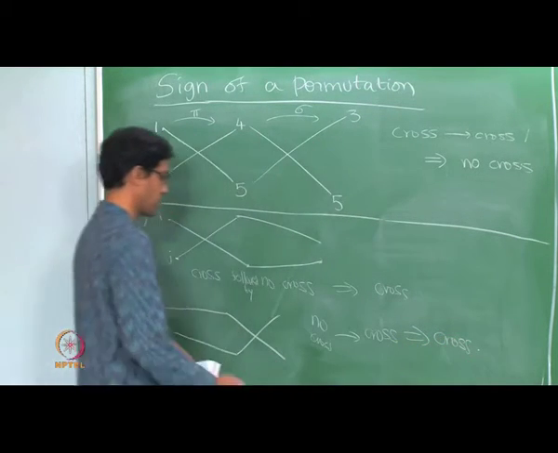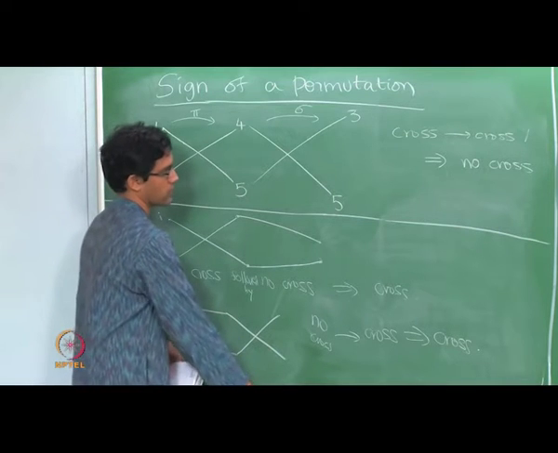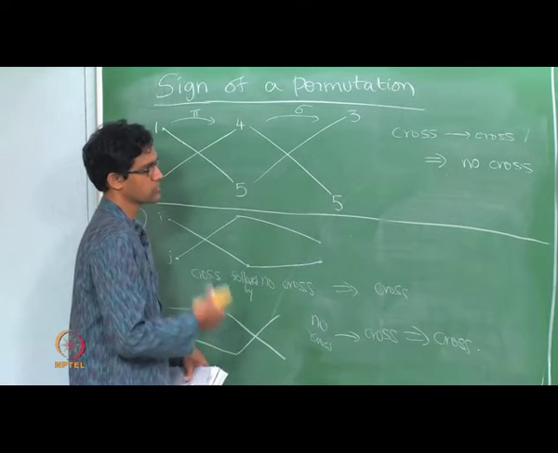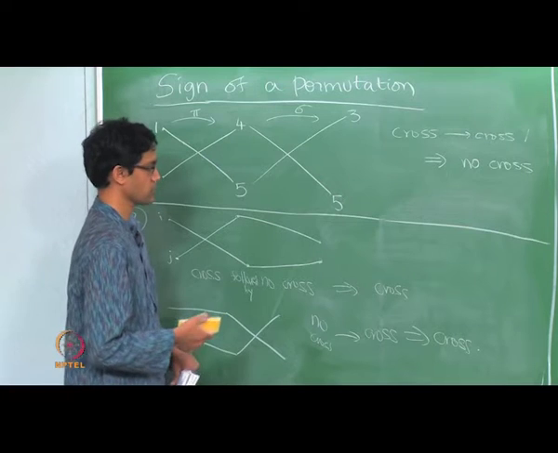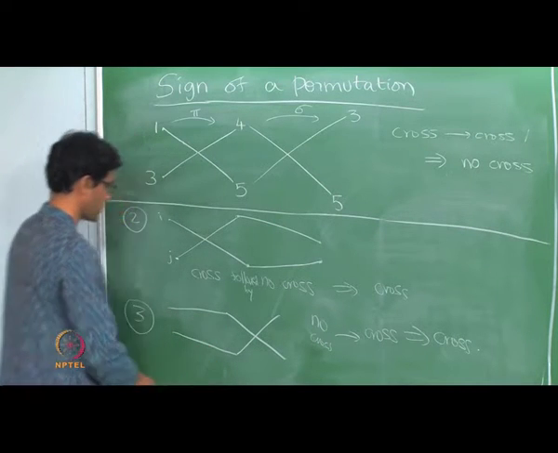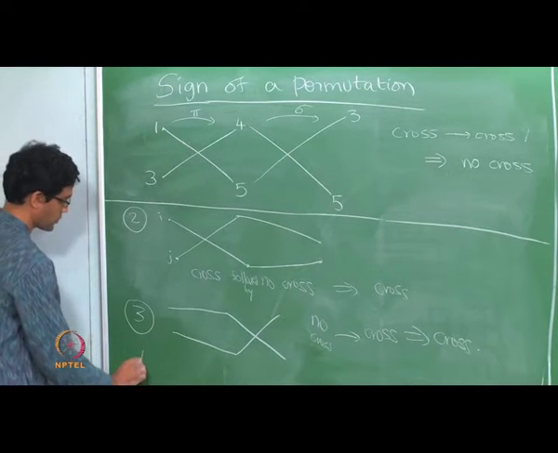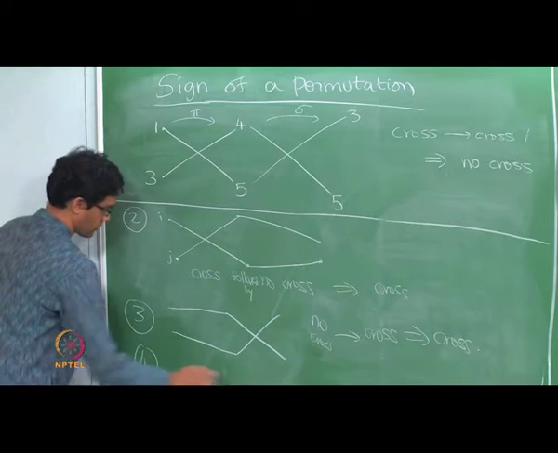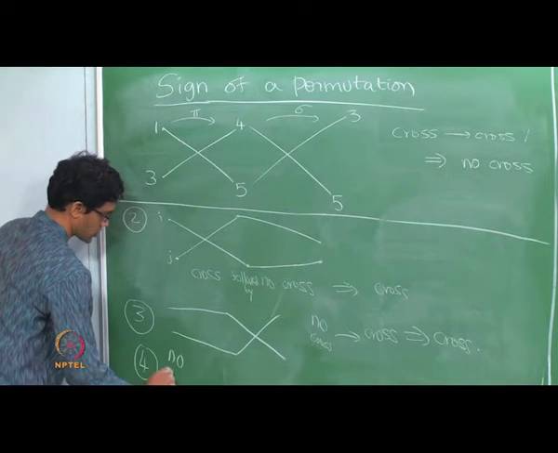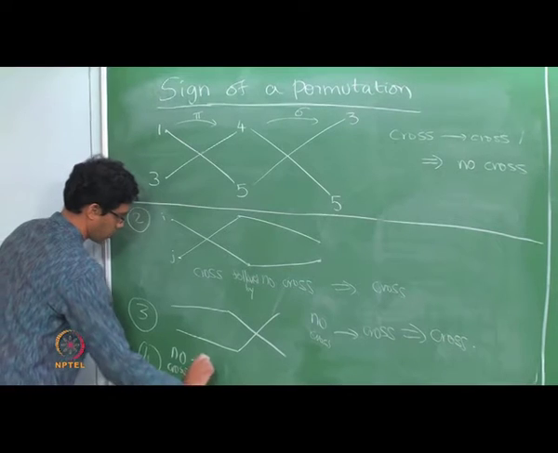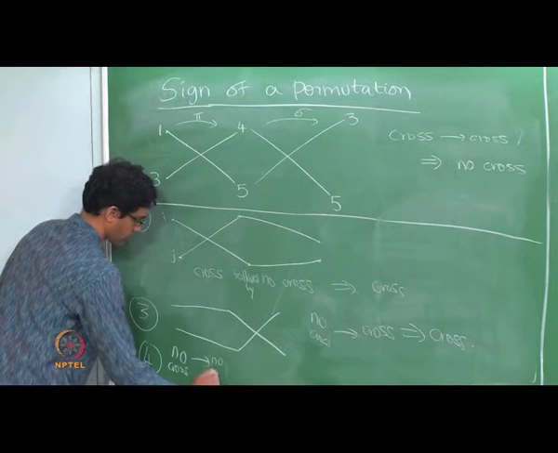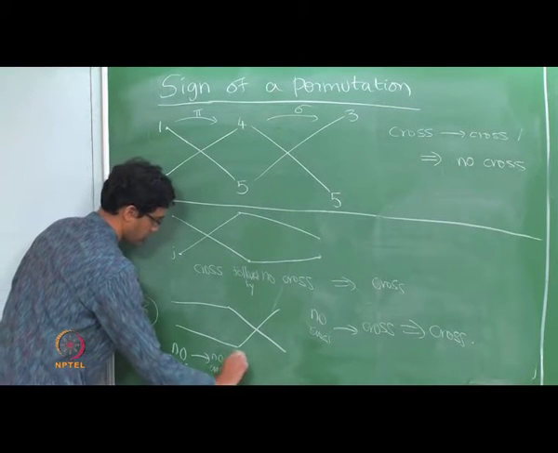And finally the fourth case where you don't have a crossing, and I mean both pi and sigma don't give you crossings. When that happens you don't have a crossing in the end. Okay. So that's the fourth case, which is again no cross followed by no crossing, of course leads to no crossing.